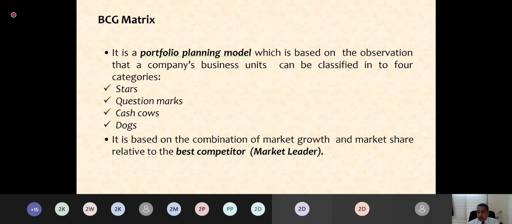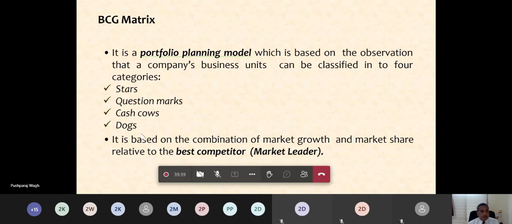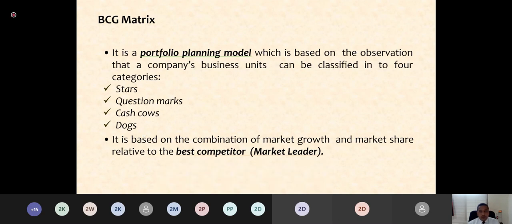So in each company in their portfolio, they will have this kind of different products or business lines, and therefore we'll have to understand which are the most important business units or product lines and which are the least important type of business units or product lines.